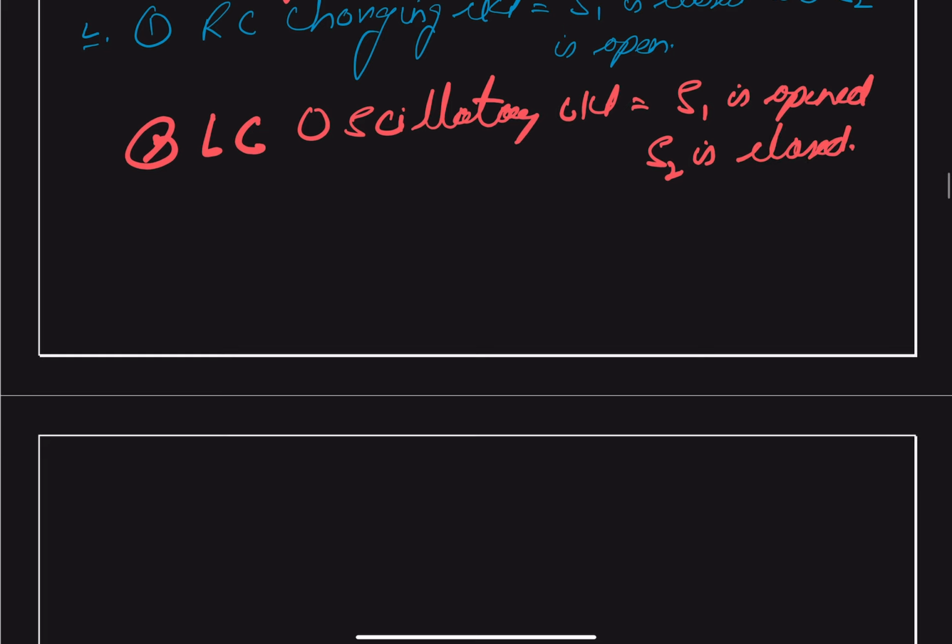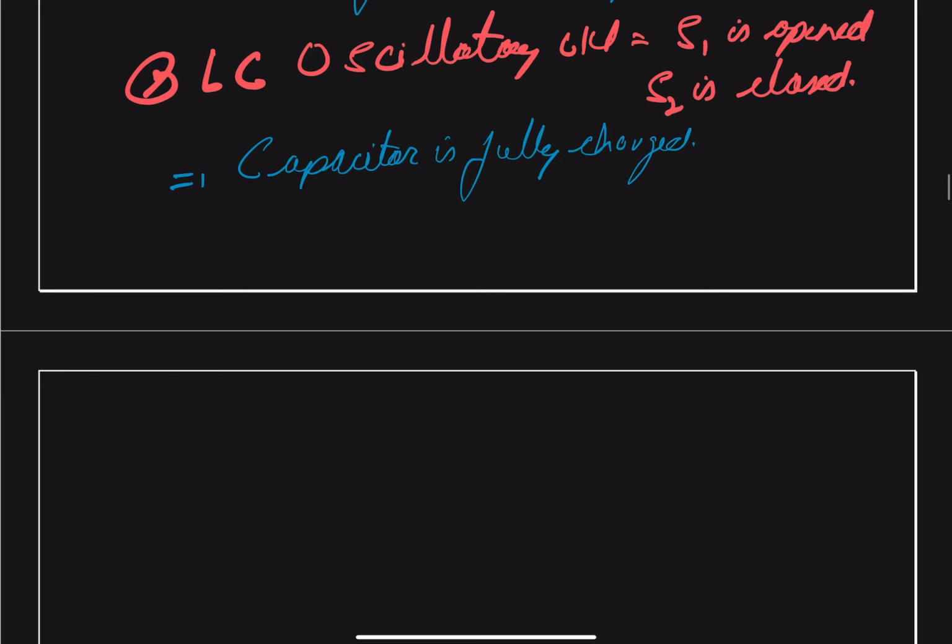But the important thing mentioned here for this LC oscillatory circuit is that before the switching, the capacitor is fully charged. And another thing we can say is that the charge and the current in the circuit are going to follow simple harmonic motion, because of the charging and discharging of the capacitor, as well as the energy storage between the inductor and the capacitor.